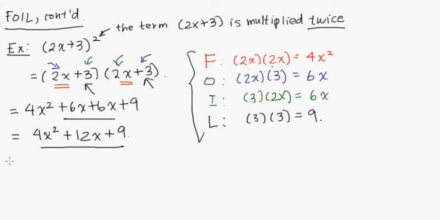So I'm just going to introduce it to you and do one or two examples with it. So let's actually use this example. We have 2x plus 3 squared. So first you want to square the first term.